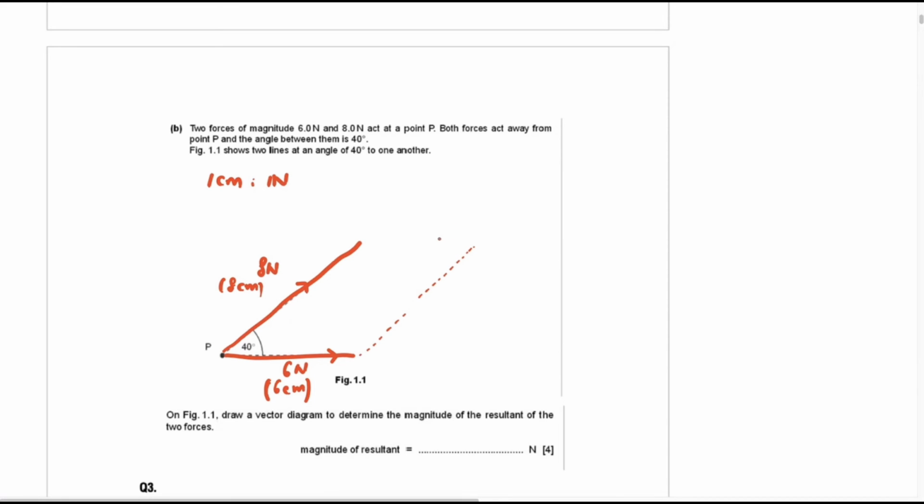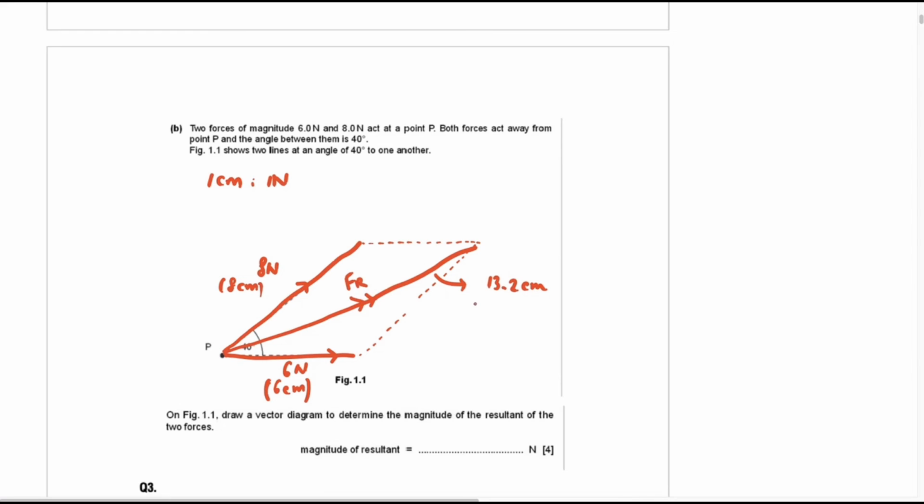So we draw another 8 cm and a 6 cm here. Then you know the resultant is from the same point and forms a diagonal in that particular way. So this is the diagonal, and the diagonal is the resultant force. Now you just need to use ruler to measure the length of this resultant force, and let's say, for example, you get 13.2 cm.